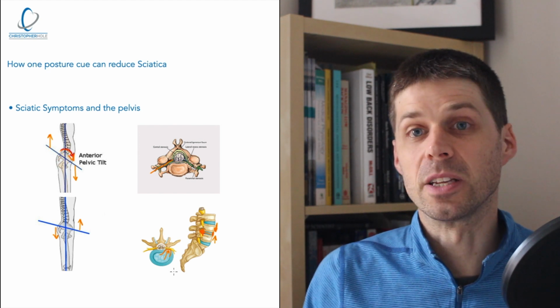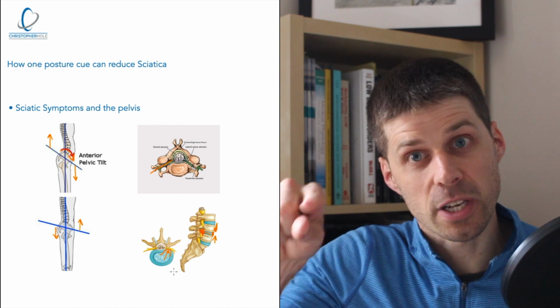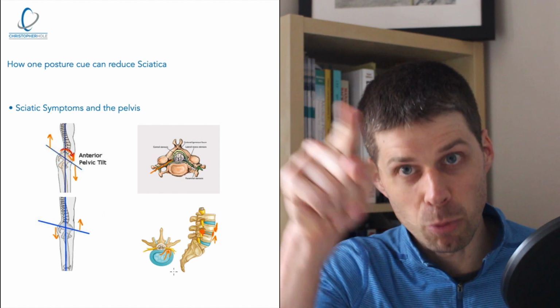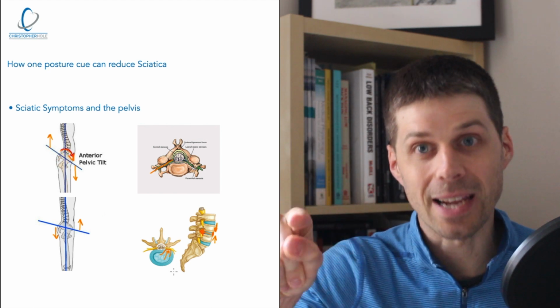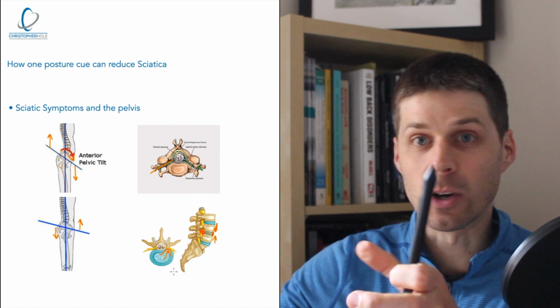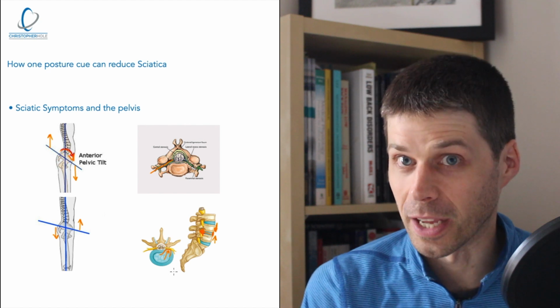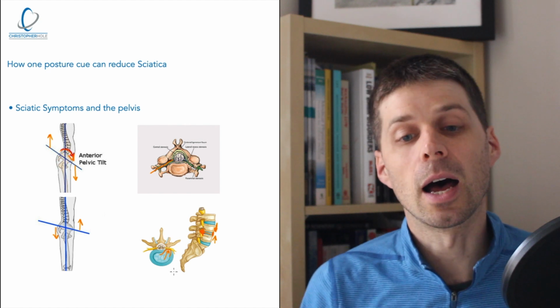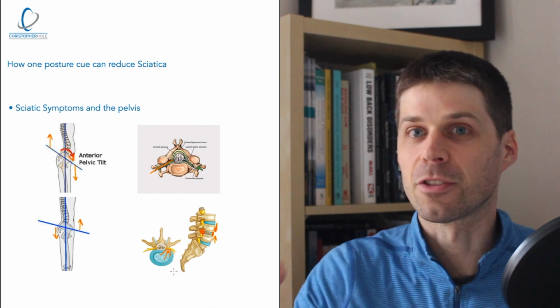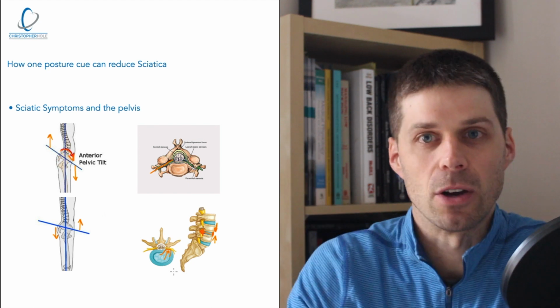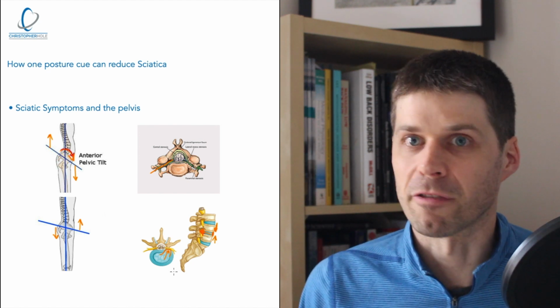Also, there could be some foraminal stenosis, so the narrowing of the gap, where more bone is being laid down to narrow that gap. So again, just opening or closing the gap isn't going to have a big effect. Opening the gap could, but again, the gap is narrowed, so it's going to have a reduced effect.